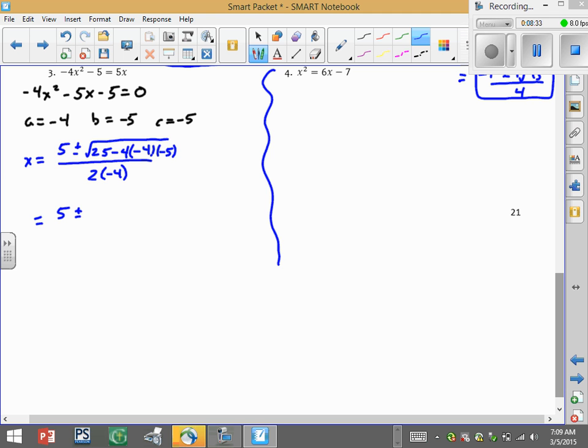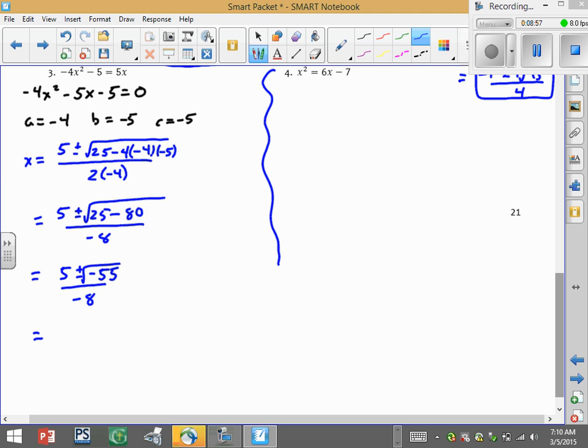5 plus or minus the square root of 25. So we have 4 times negative 4 times negative 5 is 80. So we have minus 80 over negative 8. Now 5 plus or minus 25 minus 80 is negative 55 over negative 8.